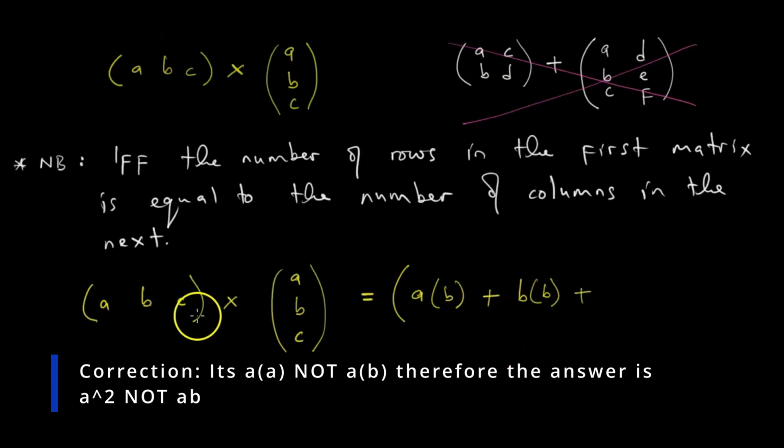Then it's plus C you multiply this C, like this. You see? This is equal to A times A, then it's A squared, plus B times B, that's B squared, plus C times C, C squared. That will be our answer.